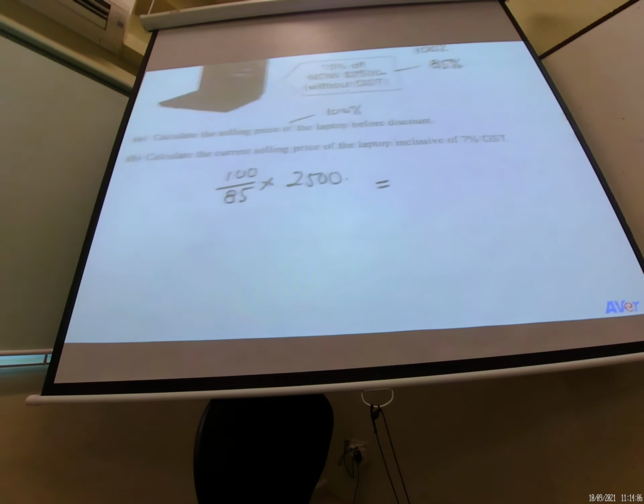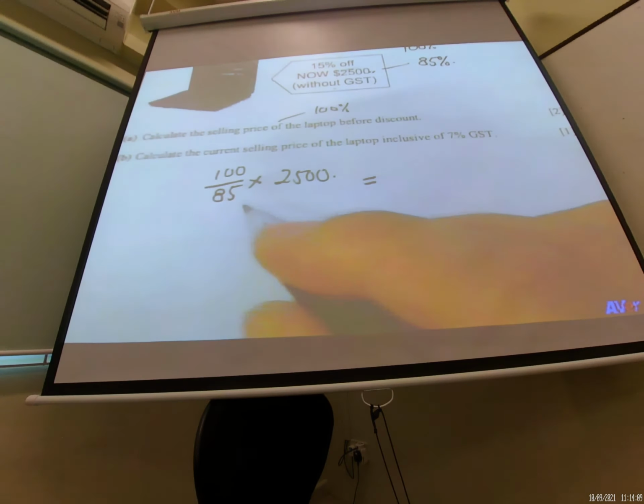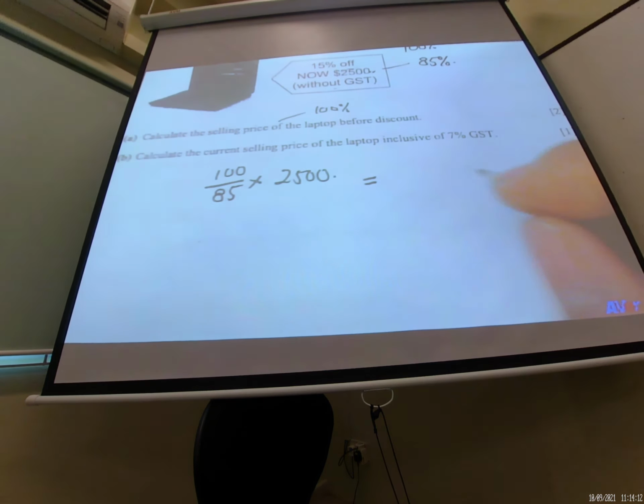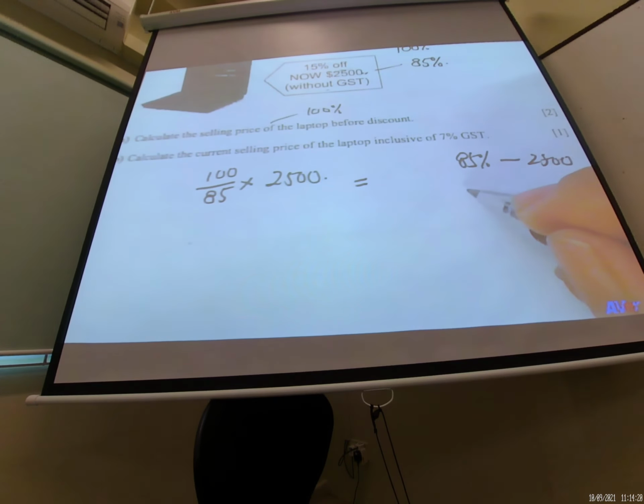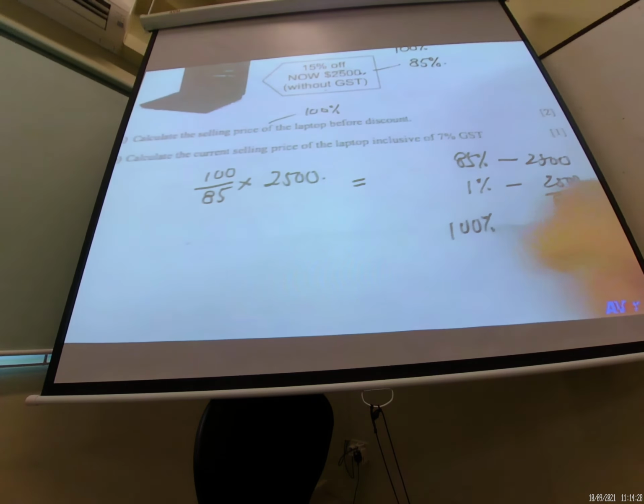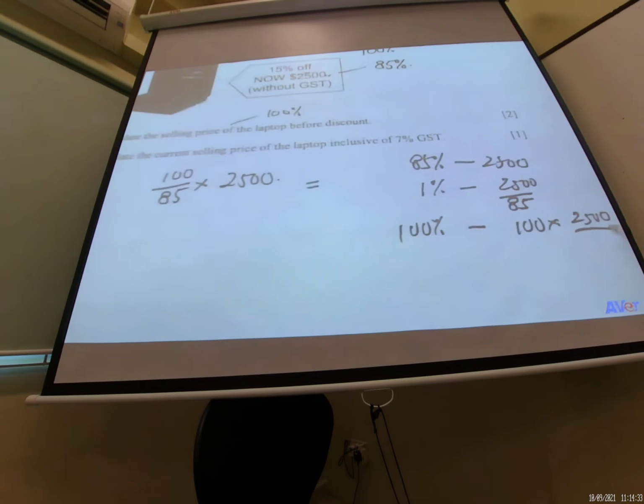The reason why it is 100 over 85 times 2,500 is that 85% is 2,500. So if we want to find 1%, 1% will be 2,500 divided by 85. Then we find 100% will be 100 times 2,500 over 85. This is why I come to 100 over 85 times 2,500.